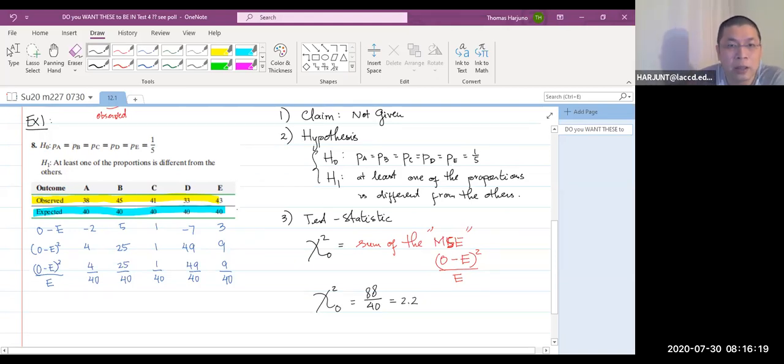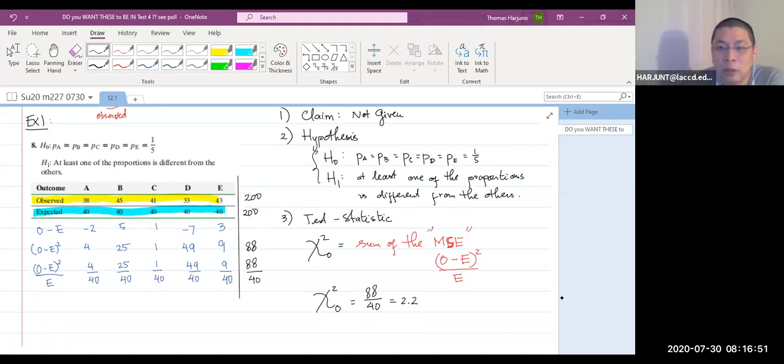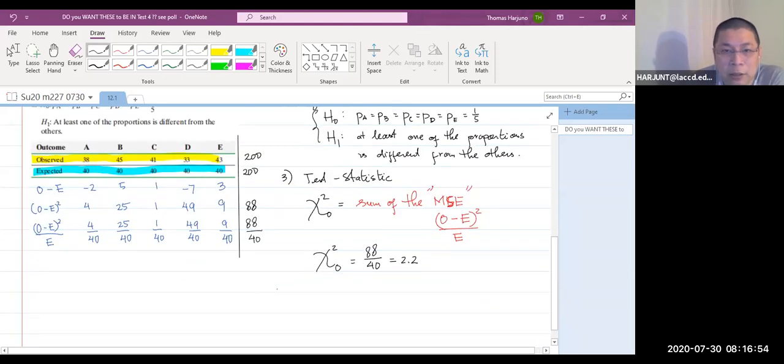Okay, when I add these, this is 88 over 40. This is 88 here. This will be 200. The total here should also be 200. Now then, we will do the right tail test.